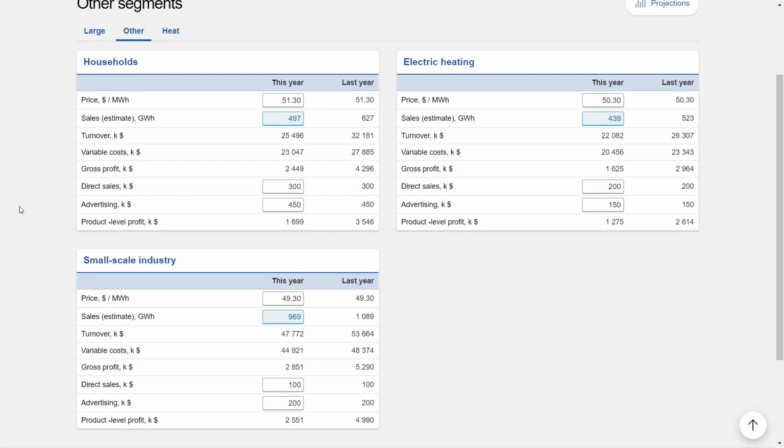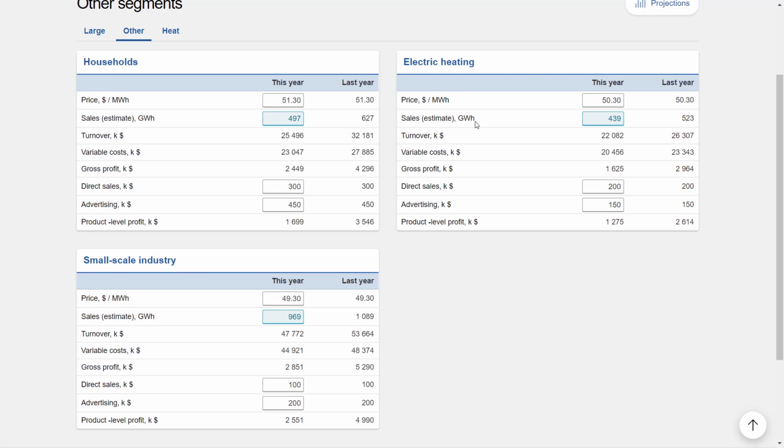Other segments are households, electric heating, and small-scale industry. Household segment is households who do not use electricity for heating. Electric heating are also households, but they use electricity for heating their homes.